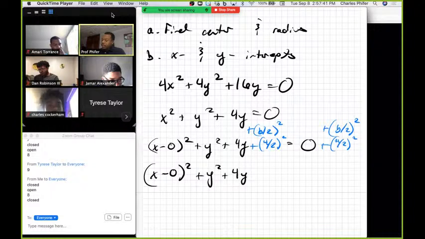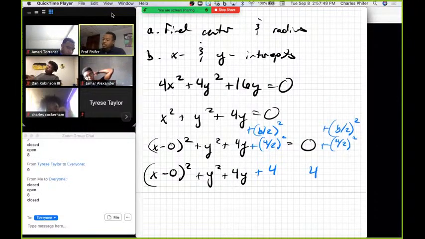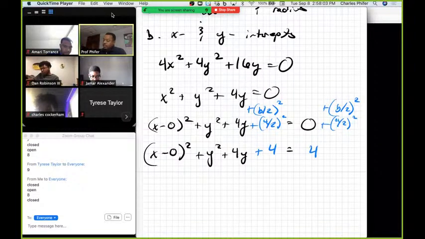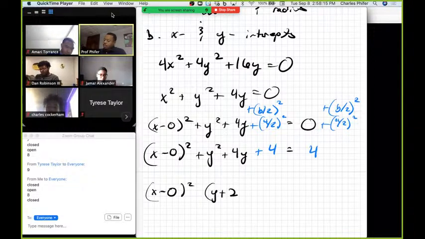So we really added 4 to both sides, and that's just going to be a 4 over there. So then if we look at the y terms, it can now be factored. I think it's going to be y plus 2, squared.